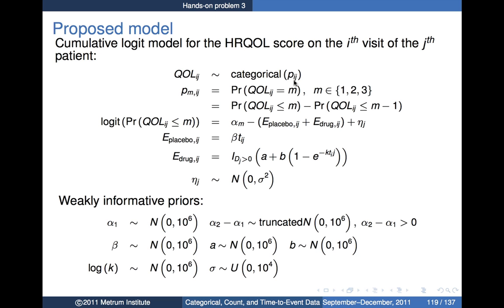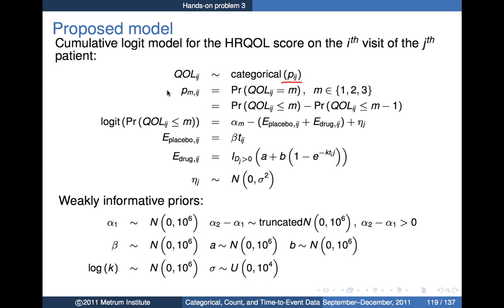We're going to use a simple categorical distribution, which in effect is just a sequence of probabilities corresponding to each possible score level. So this P_ij, for each i and j, is going to be a set of 3 probabilities that sum to 1.